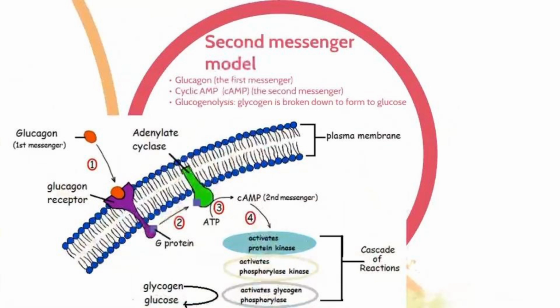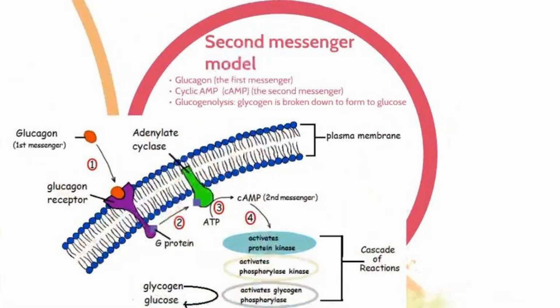So the adenylate cyclase then can do its job, and this can then convert ATP to cyclic AMP, or cAMP. Now the cyclic AMP is what we call the second messenger.